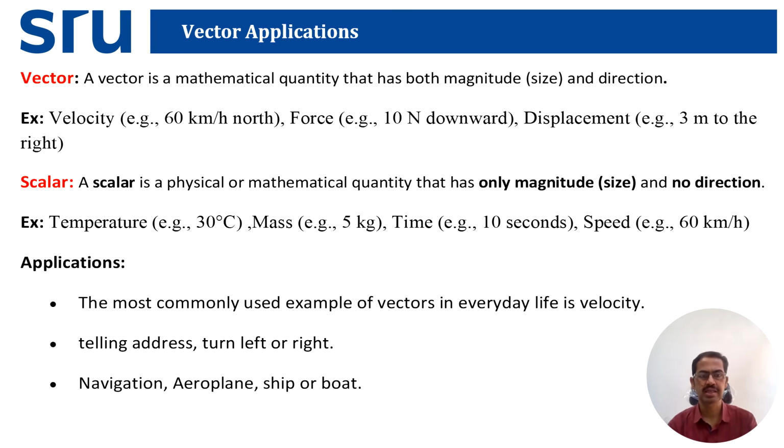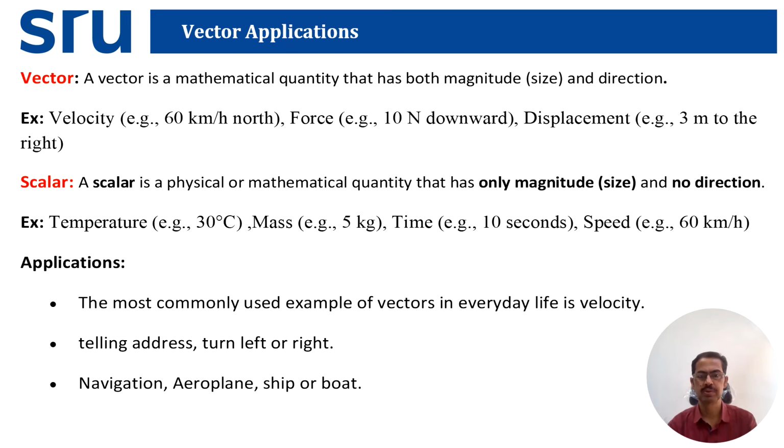Next, what is a scalar? A scalar is a physical or mathematical quantity that has only size, no direction. For example, temperature. In hot summer, 40 degrees centigrade, right? Or in a room, 30 degrees centigrade. It has no direction, just temperature.